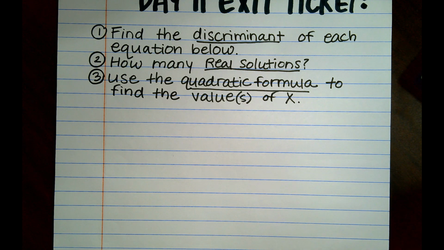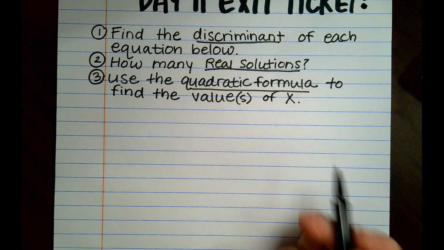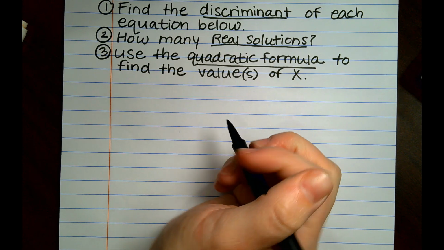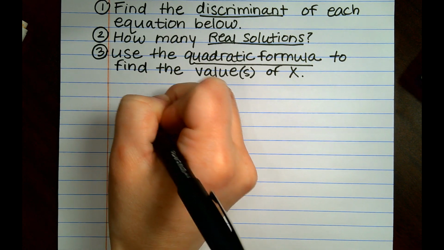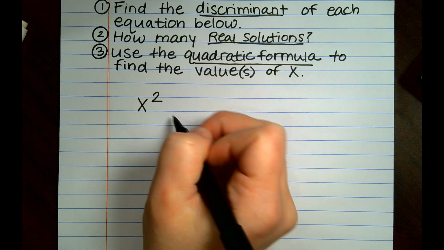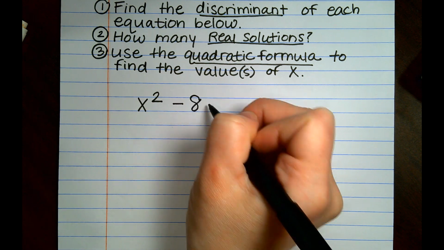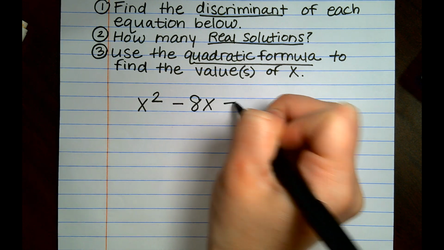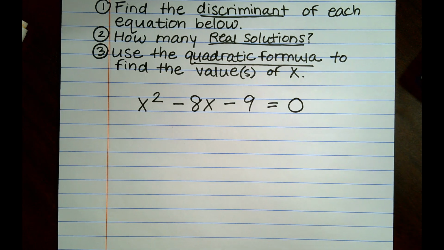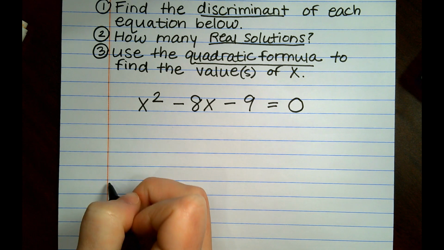So let's see. How about we do x squared minus 8x minus 9 equals 0. Okay.